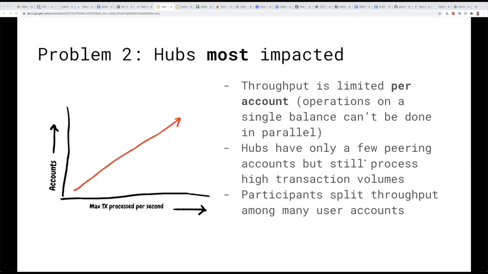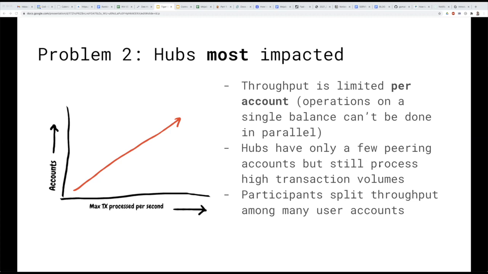Whereas as a hub, you're expected to handle more throughput because you're handling the transactions of the whole domestic payment system. Everything that's a not-on-us transaction is going through you, but you only have a small number of accounts. So the throughput per account is obviously very high, and that makes it a particularly difficult challenge.